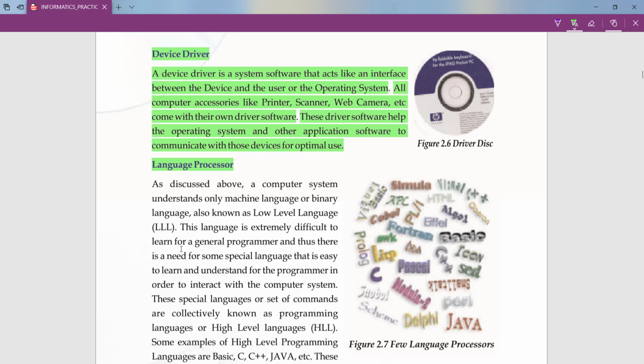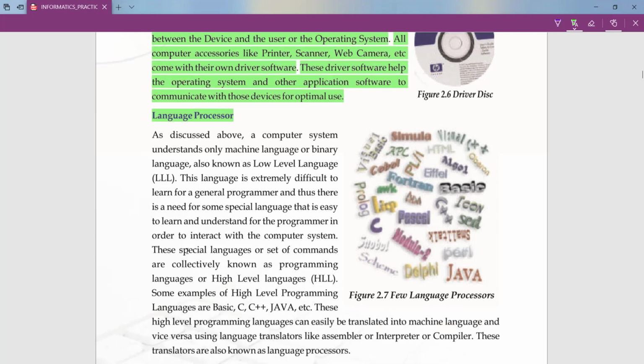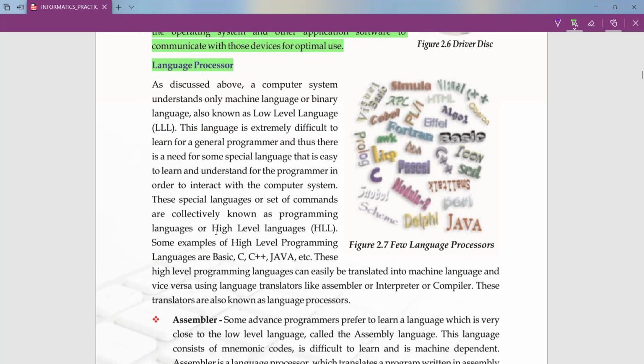So the language processor is used to convert our high level language program into the low level language. The high level languages are C, C++, Java, Python.